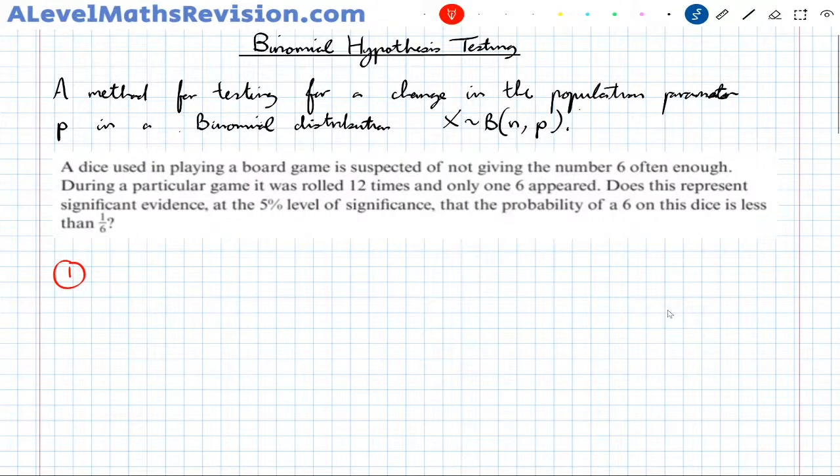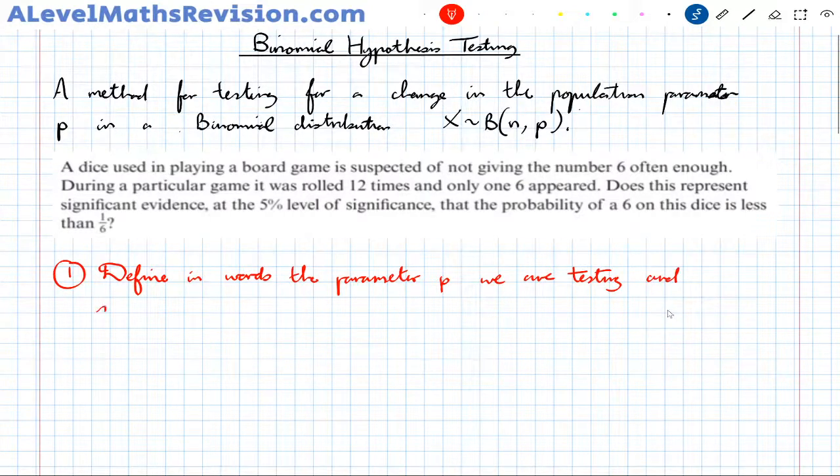So step 1: define in words the parameter P we are testing and state the null and alternate hypotheses.